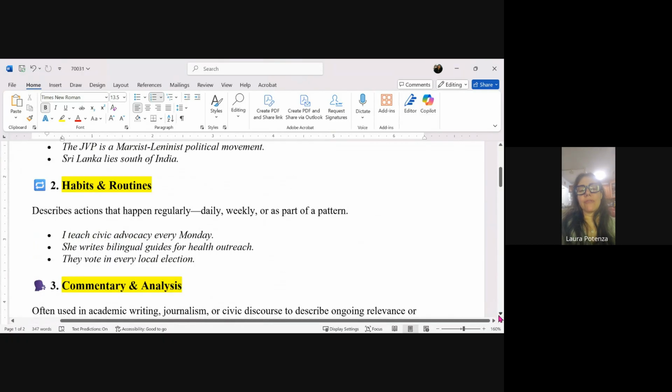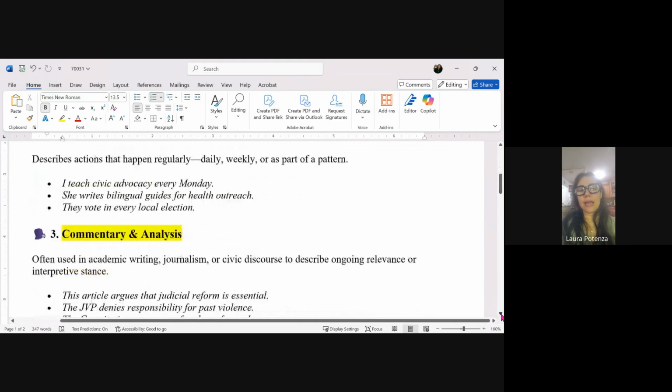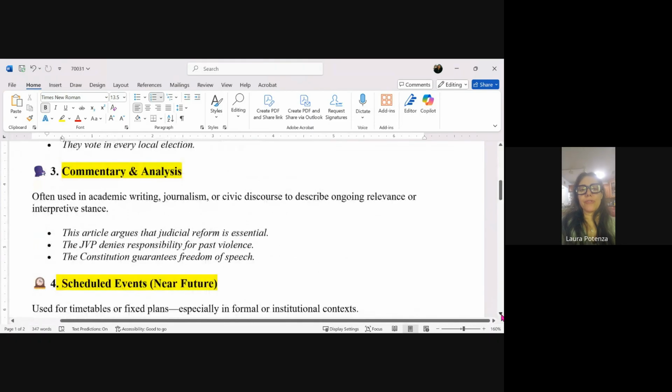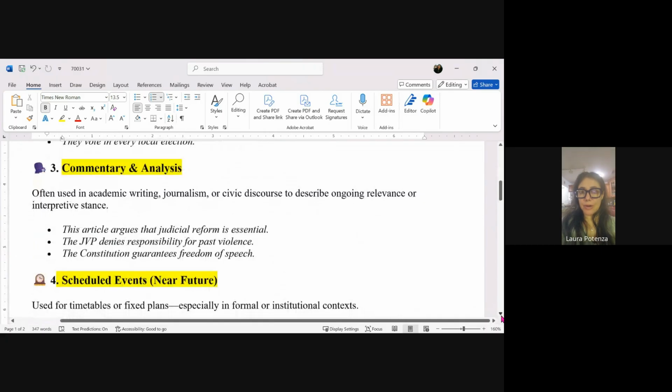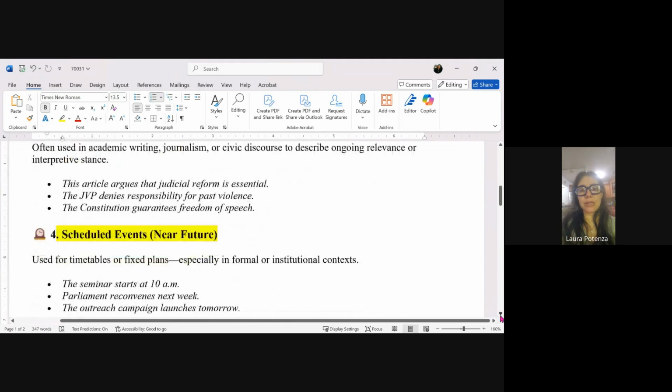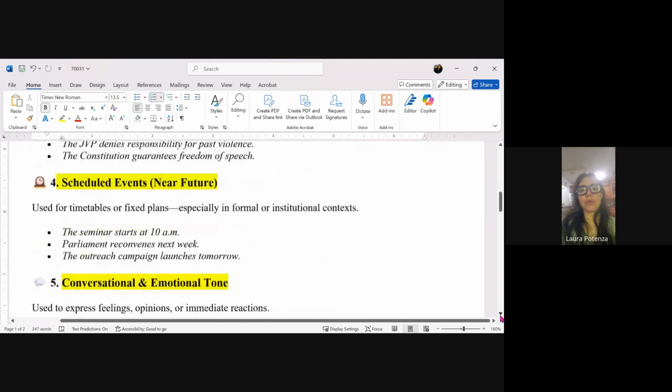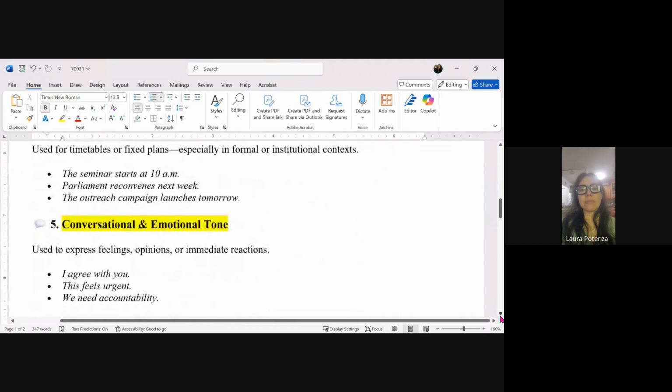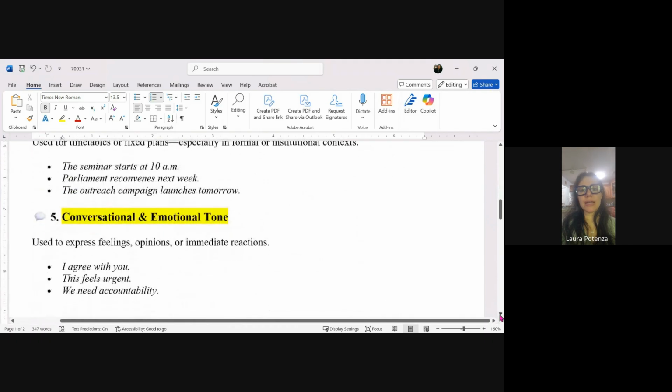Then you have commentary and analysis, often used in academic writing, journalism, or civic discourse to describe ongoing relevance, or interpretive stance. The fourth one is scheduled events, something that's happening in the near future, used for timetables or fixed plans.